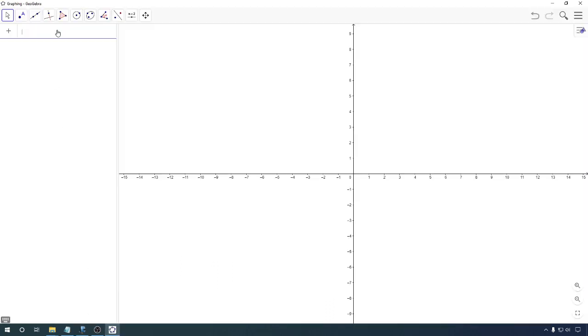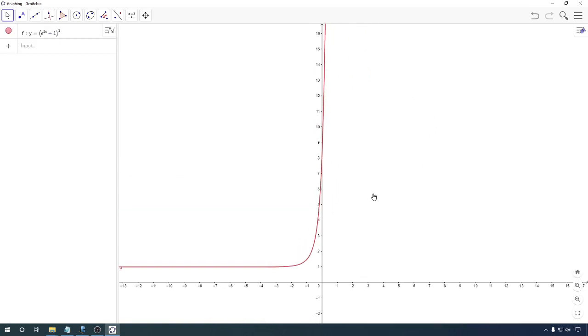If we go ahead and graph this, remember our function was y equals e to the 2x plus 1 cubed. It's kind of steep over there. But at the point 0, 8, it's a point on our graph, it's our y-intercept.